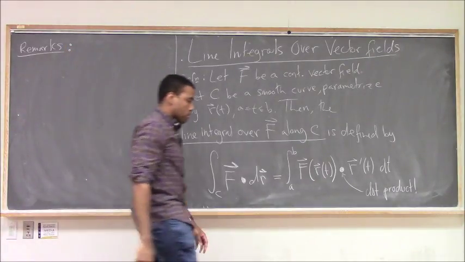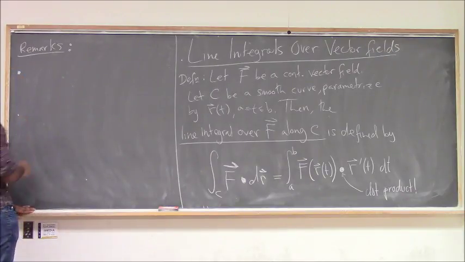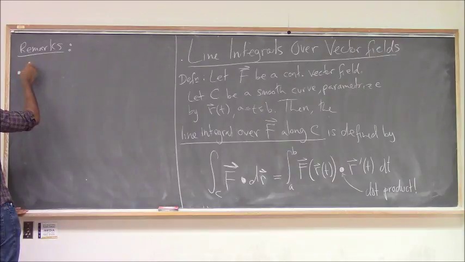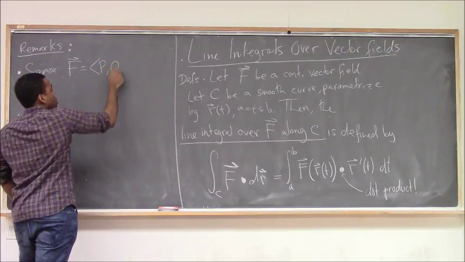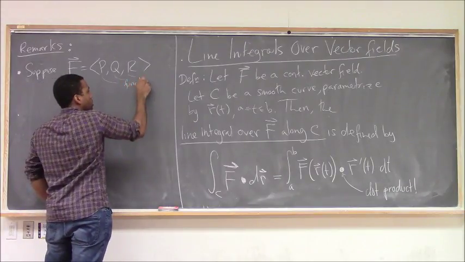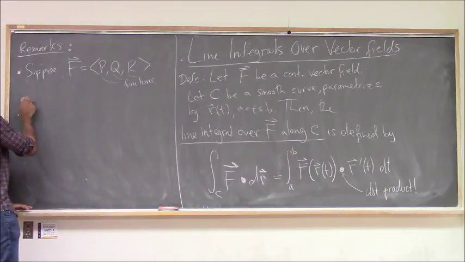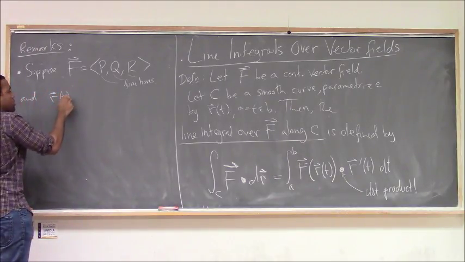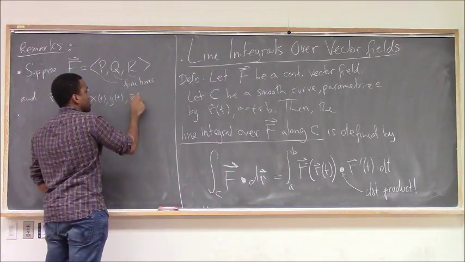Here's some remarks. One, suppose I describe f as p, q, r, where these guys are multivariable functions, and I can let my r of t be described as something like x of t, y of t, z of t.